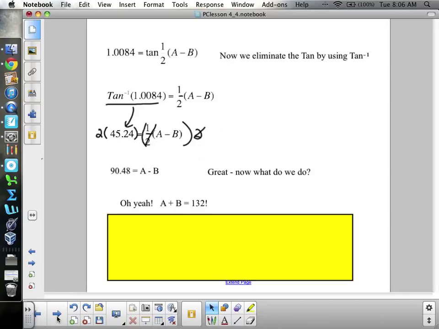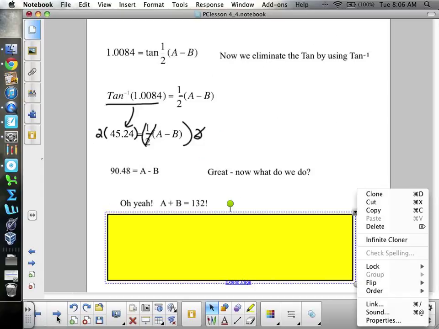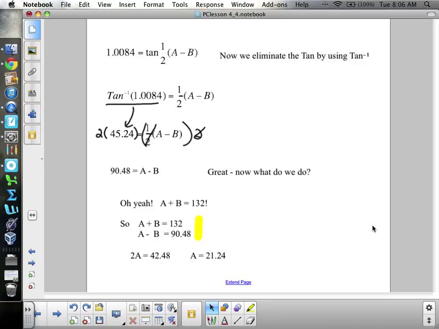Well, lo and behold, if I know a minus b and a plus b, I can set up a system of equations, add the two equations, and I get 2a equals, when I add them, that's not 42.48.